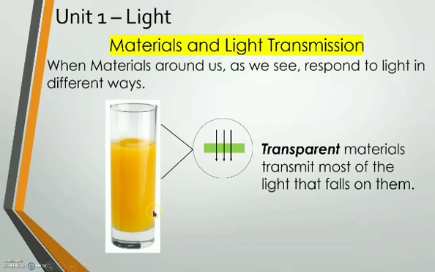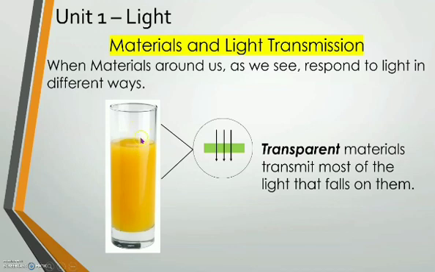So our example here is the glass of orange juice. The material is the glass. The material is transparent, meaning we can see through. We can see what's inside.